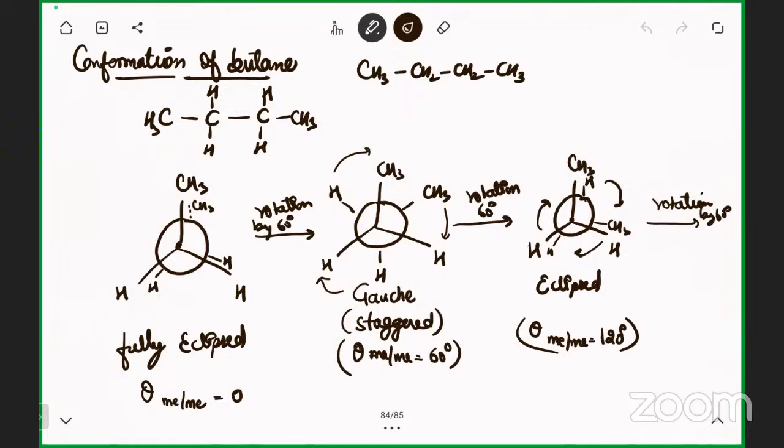Okay, or also you can say it's skew form. Okay, just do it. Done?